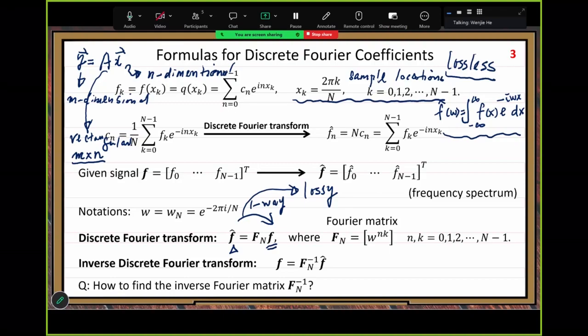Usually in the general situation, this capital N could be relatively large. So here I want to talk about how to calculate the matrix inverse.